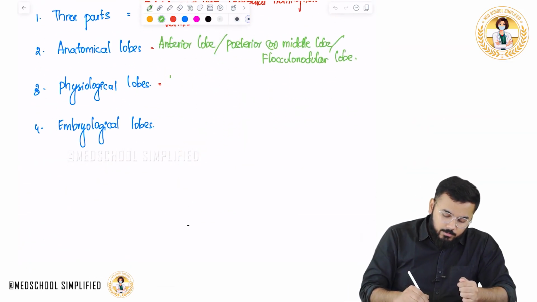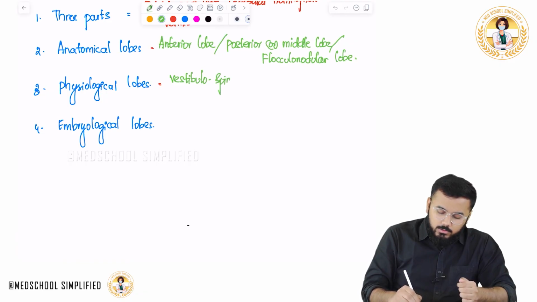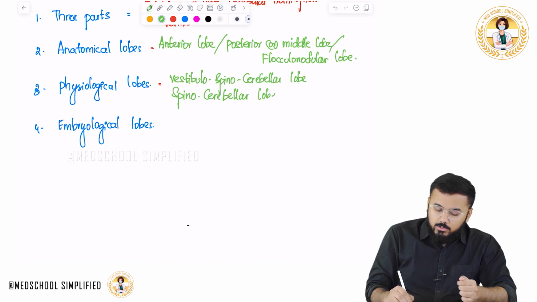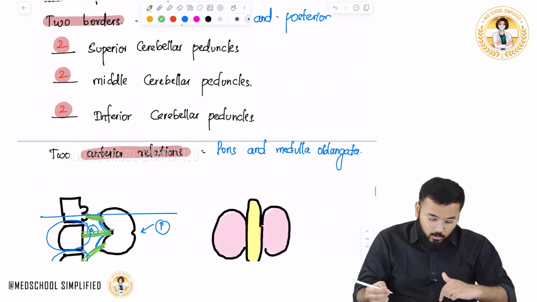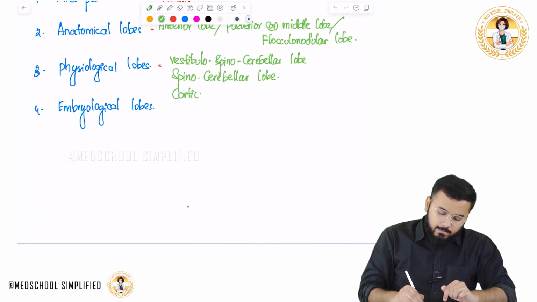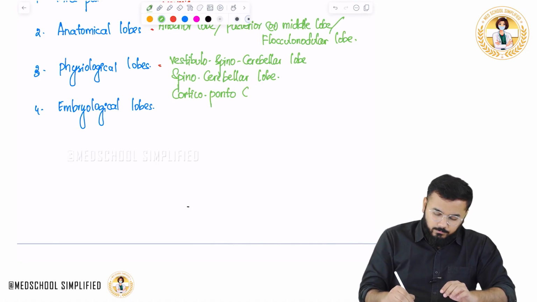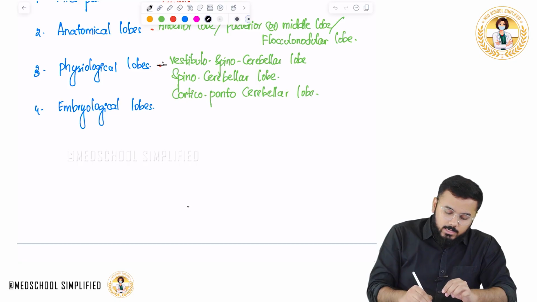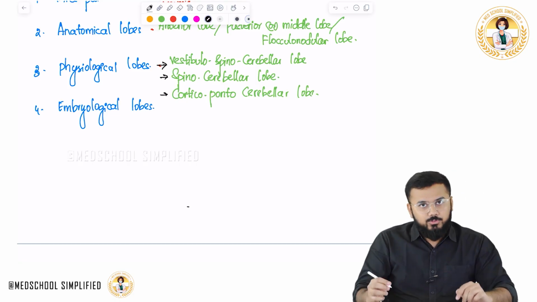The vestibulospinocerebellar lobe, the spinocerebellar lobe, and the last one, the corticopontocerebellar lobe. So these are the three important types of physiological lobes which you have got.